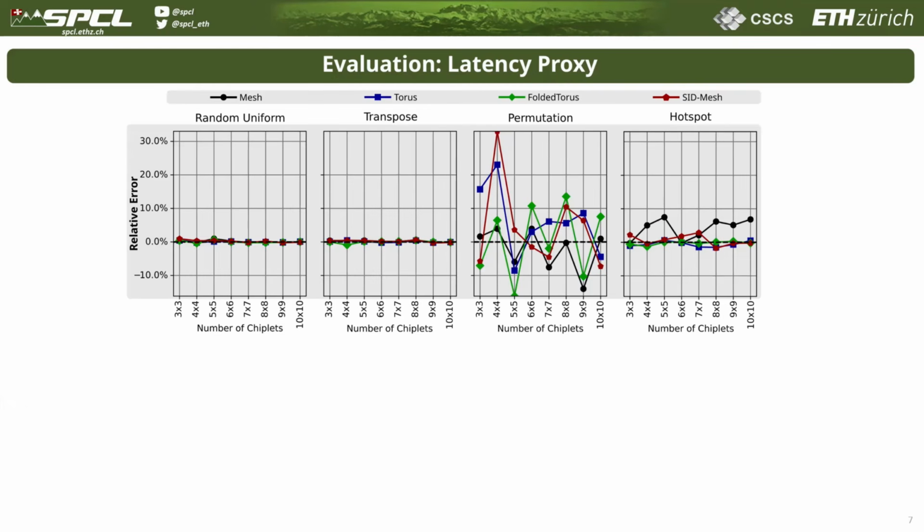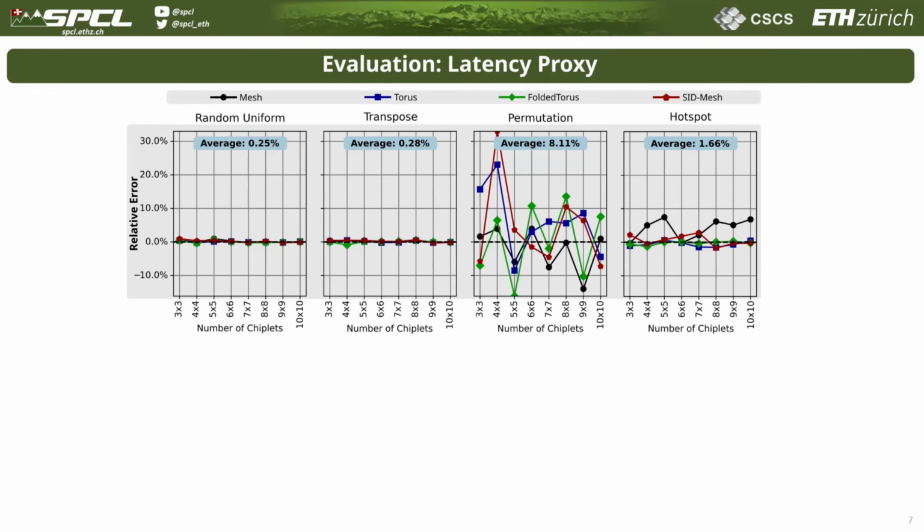So here we assume that the simulation results are the correct results, and we see by how much our proxies deviate from it. And as you can see, for many traffic patterns, our average error is about 1%, or even lower. Only for permutation traffic, our error is a bit higher.